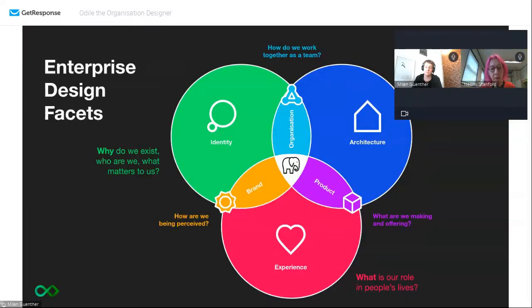So the identity of the area that you're looking at, the experience you want people to have, the architecture in all sorts of interpretations of that specific word that come into play. And this is a nice visual to try and explain to people the complexity that most organization design work is going into.